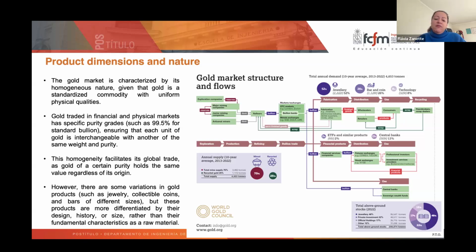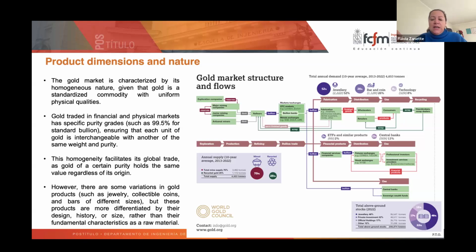However, there are some variations in gold products, such as jewelry, collectible coins, and bars of different sizes, but these products are more differentiated by their design, history, or size rather than their fundamental characteristics of raw material.